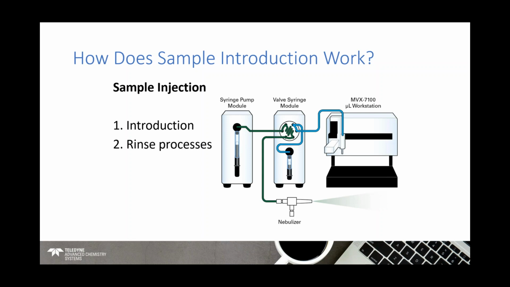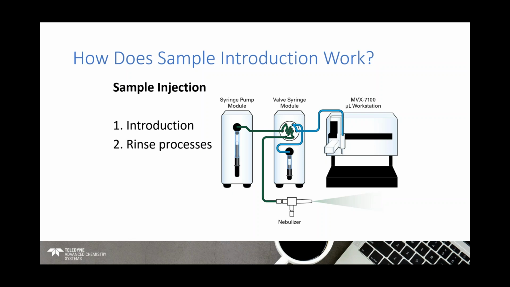The color of the lines swap here. Your sample that was on the sample loop of the 6-port valve is then pushed via the syringe pump module to the nebulizer. We're following the green line again for the sample going to the nebulizer. The sample is pushed off the loop with a carrier solution behind it.